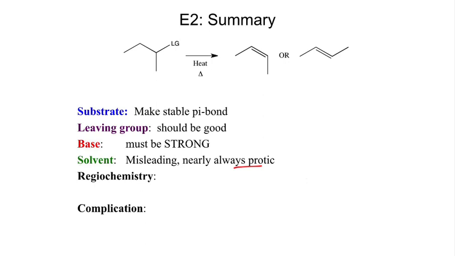So why is it protic? Because similar to the SN2, we actually prefer aprotic, but you'll almost always see it as protic. Well, what was a good base? Sodium hydroxide, right? How do I get sodium hydroxide to dissolve in this reaction?